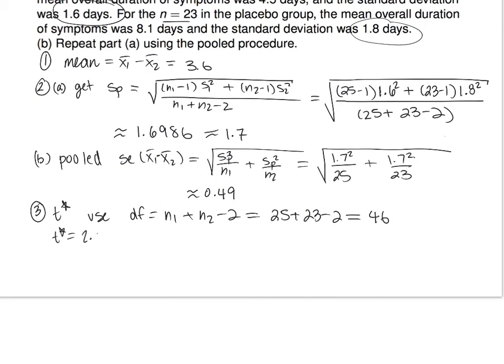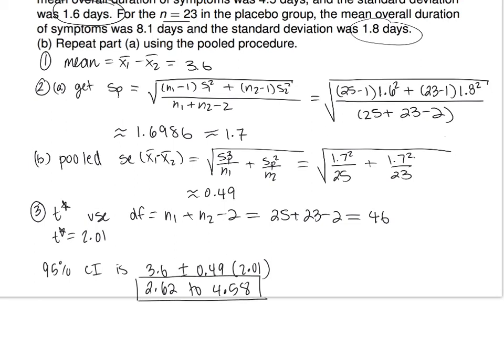I used 2.01 in my calculations. So our 95% CI is 3.6 plus or minus 0.49 times 2.01, which is 2.62 to 4.58. This interval is a little bit narrower than the one we got in part A.